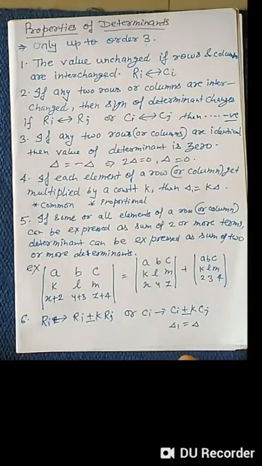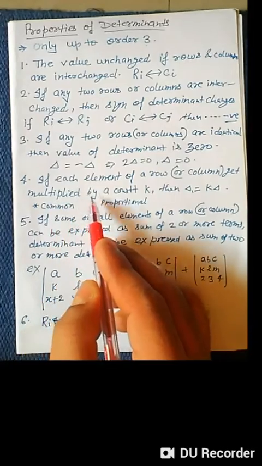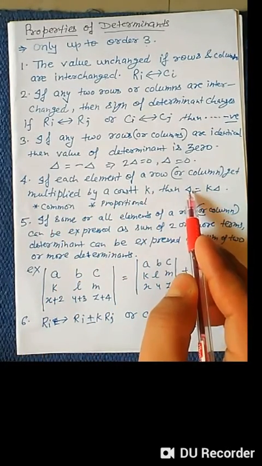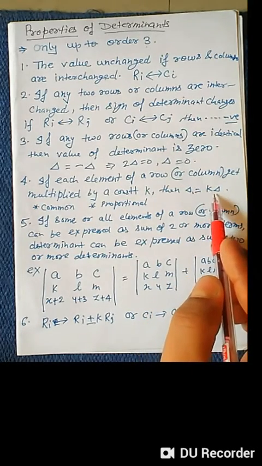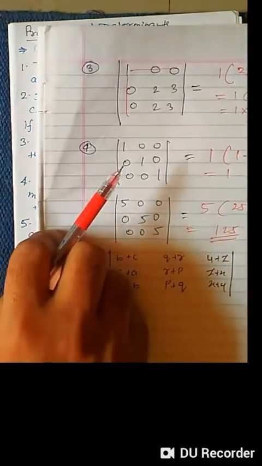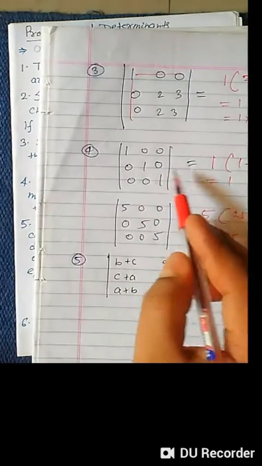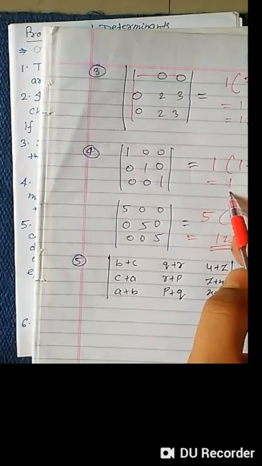Now fourth property. If each element of a row or column gets multiplied by a constant k, then the new value of the determinant becomes k times its old value. Now we'll see an example. If 1 0 0, 0 1 0 and 0 0 1 is a determinant, its value we can calculate to be 1.